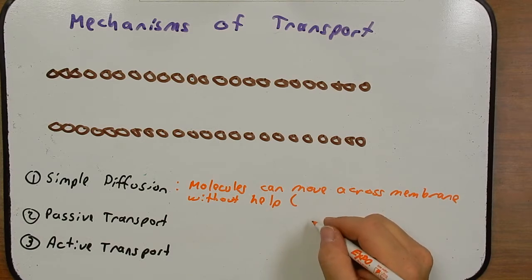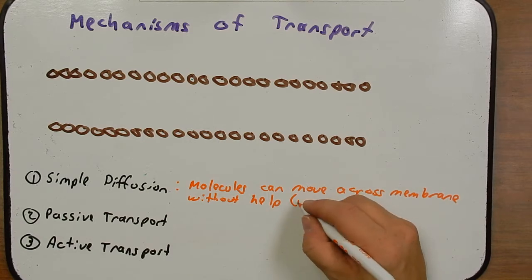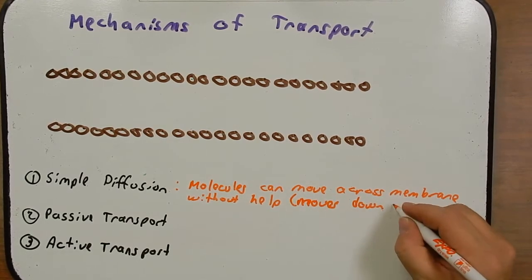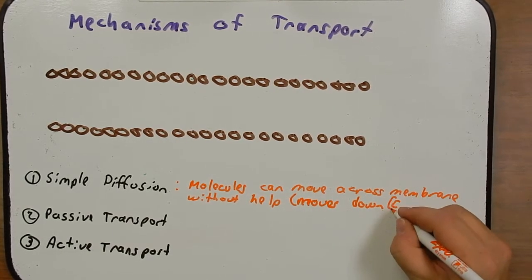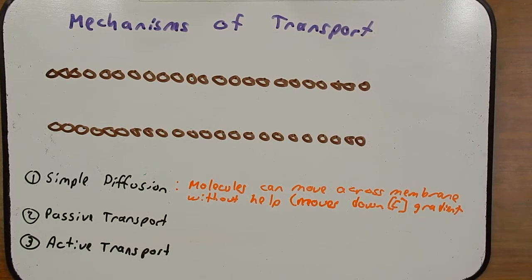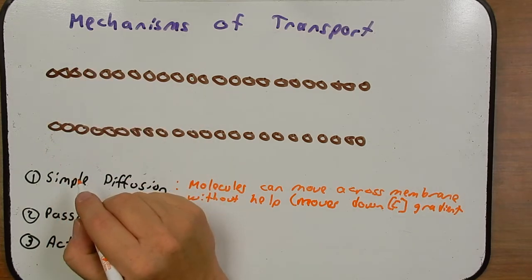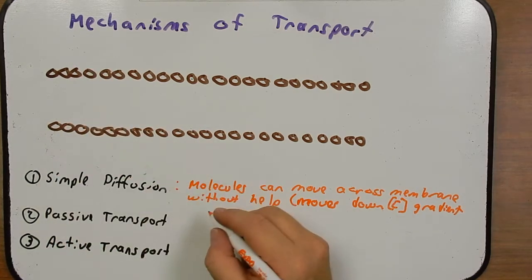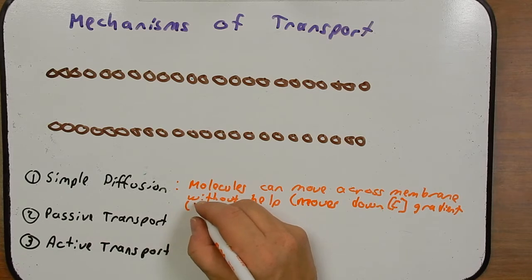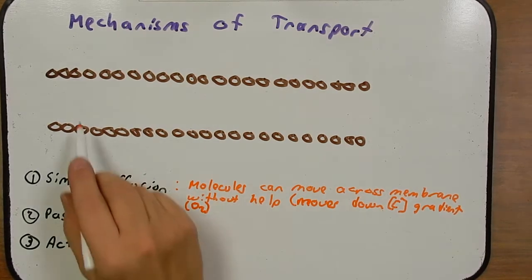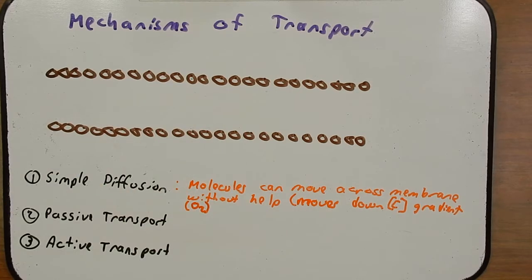We say that this kind of movement moves down the concentration gradient. And what we mean by that is we're going from a high concentration to a low concentration. And an example of this might be oxygen. Oxygen would move across the membrane using simple diffusion.